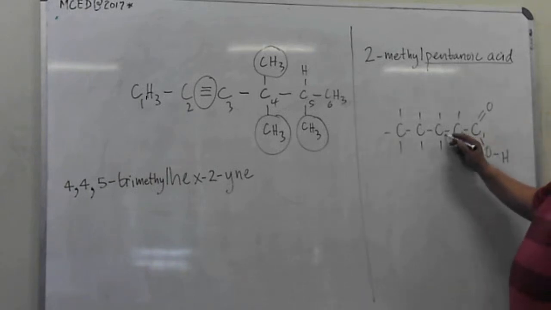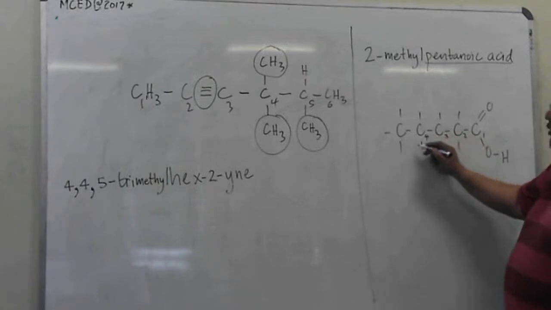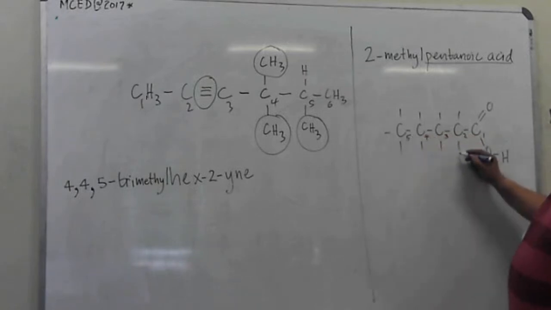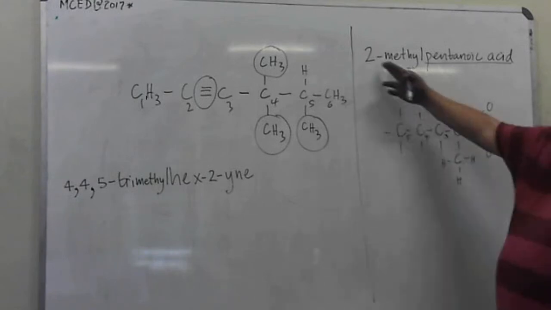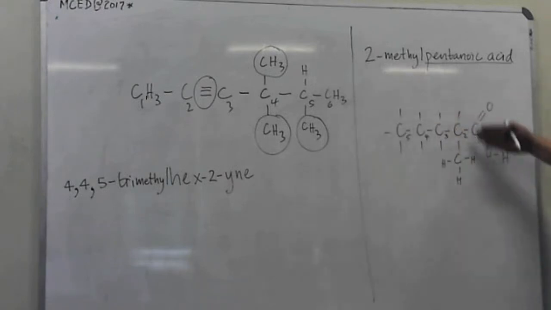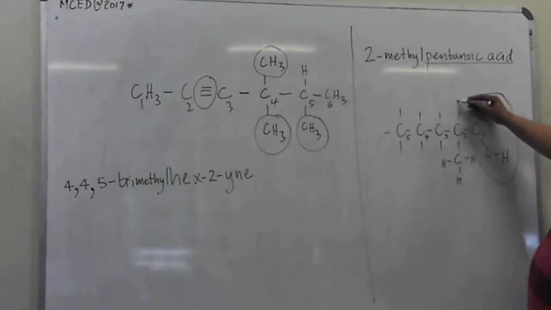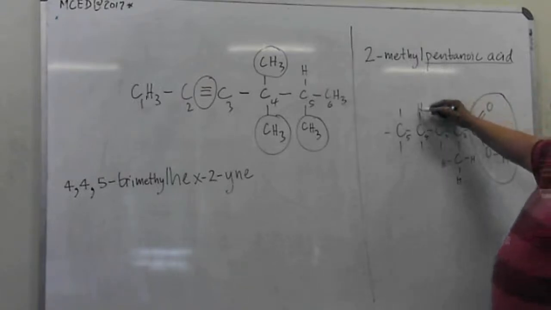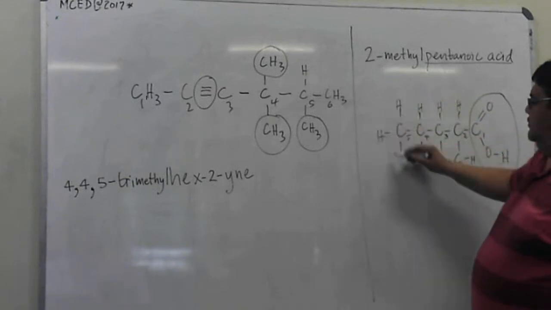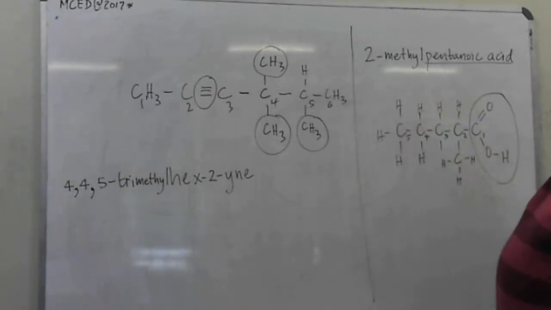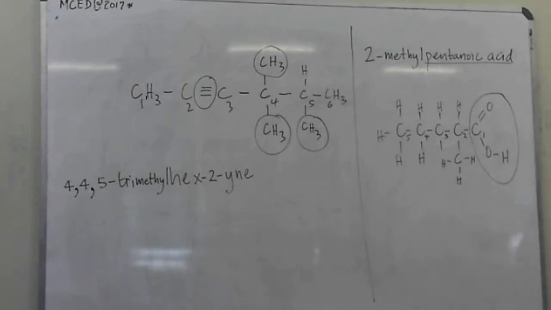That is carbon number 2, that is carbon number 3, that's carbon number 4, that's carbon number 5, and my methyl group is right next to it. So that is 2-methyl. And there's my carboxyl group. Okay, and with the rule of 4 we put in our hydrogens. And then we have 2-methyl pentanoic acid.